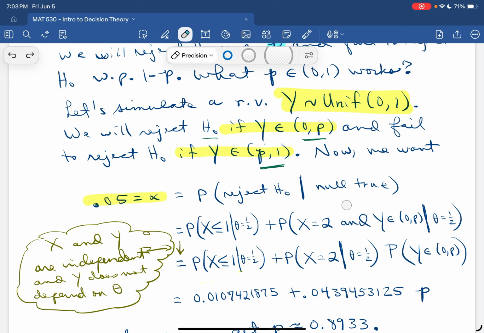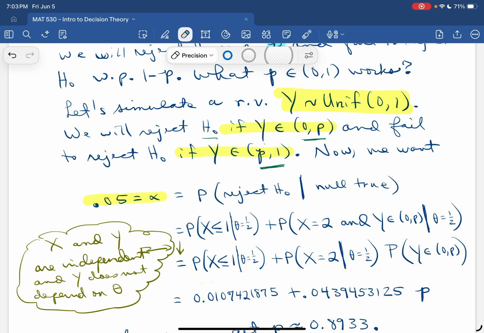Since x and y are independent here, we can do the probability that x is equal to 2 given that theta is equal to 1/2 times the probability that y is an element of 0 to p given that theta is equal to 1/2. But for that second part, y and theta have nothing to do with each other, right? They're independent.